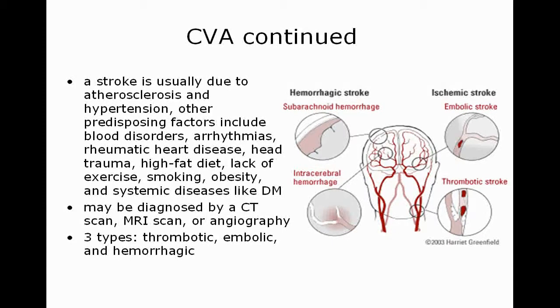I mentioned a few minutes ago, when a person has an arrhythmia where the heart rate is too fast and irregular, or they have rheumatic heart disease, some problem with the heart valves, when the blood is not moving through the heart properly, it's more likely for blood clots to form.